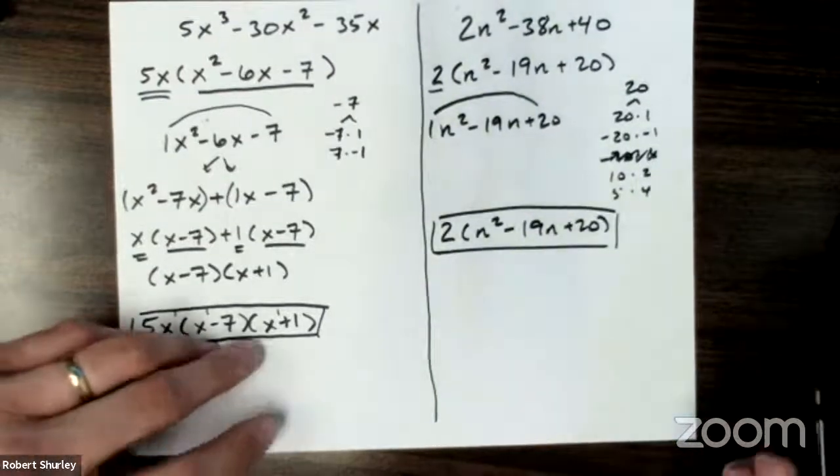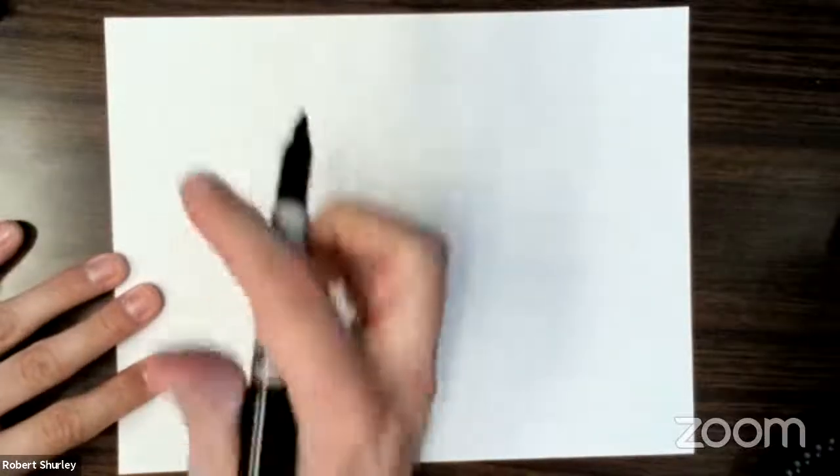Okay, so let's look at a few more that definitely start out different, but in the end, we're going to do the same thing. We're going to factor these by grouping. So let's look at, this is an example in your book on page 385, actually.